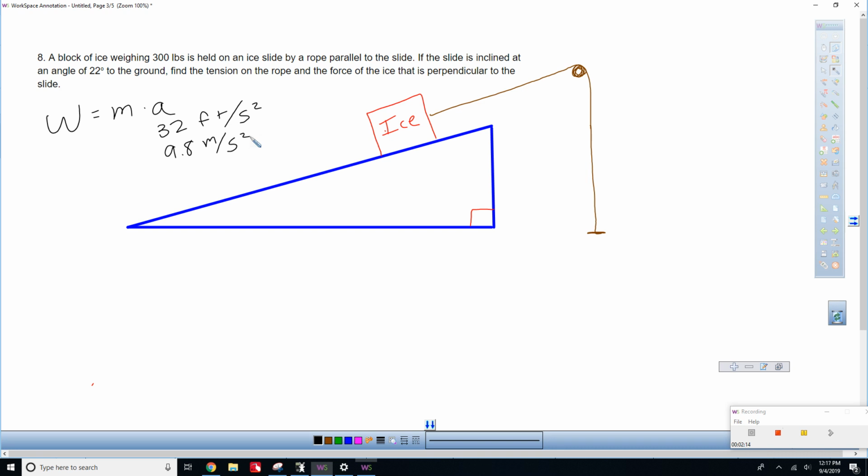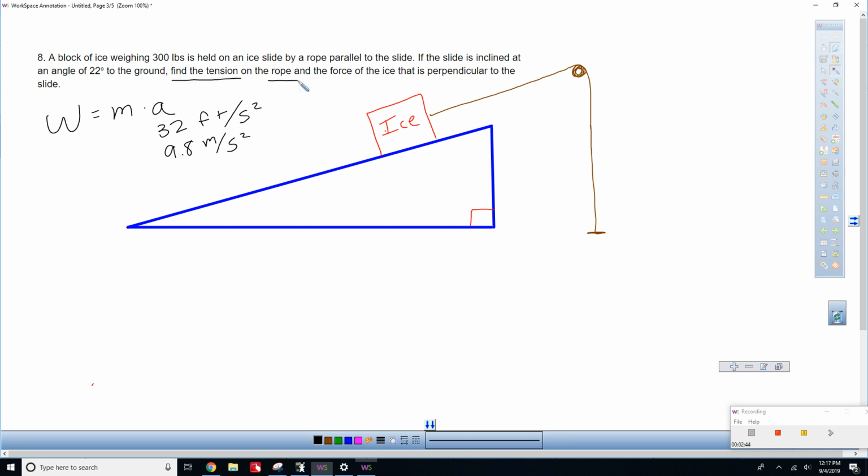None of this is involving the problem, but I do want to explain it. So, that is why you are weightless on the moon. On the moon, there is no acceleration. So you take your mass and you multiply it by 0, and you get 0 for your weight. The reason I tell you that is that the tension is also a force, and they're asking us to find the tension on the rope.